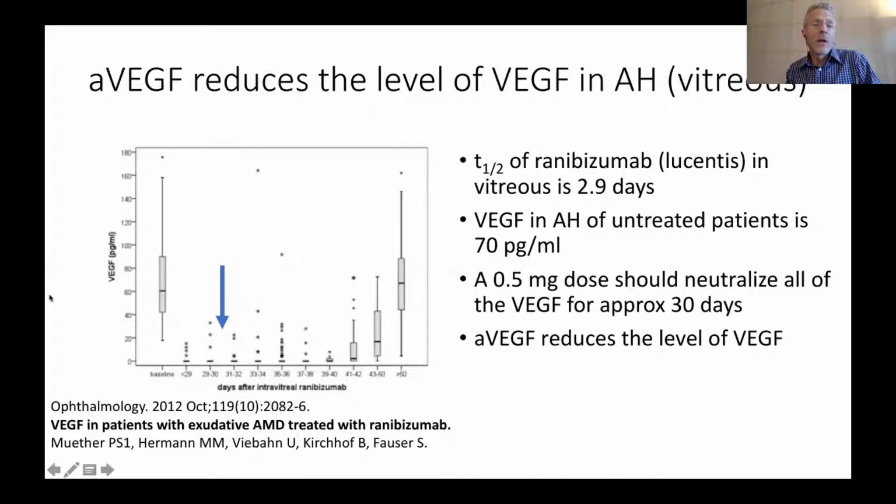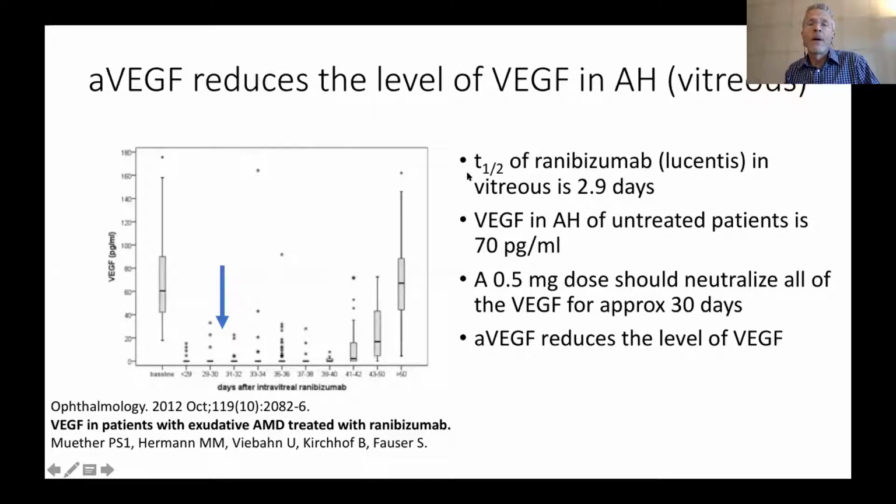And you can see that the mean level of VEGF was approximately 70 picograms in the aqueous humor of the treated patients. They were then injected with anti-VEGF, ranibizumab in this case, and their level of VEGF declined to undetectable levels as expected.